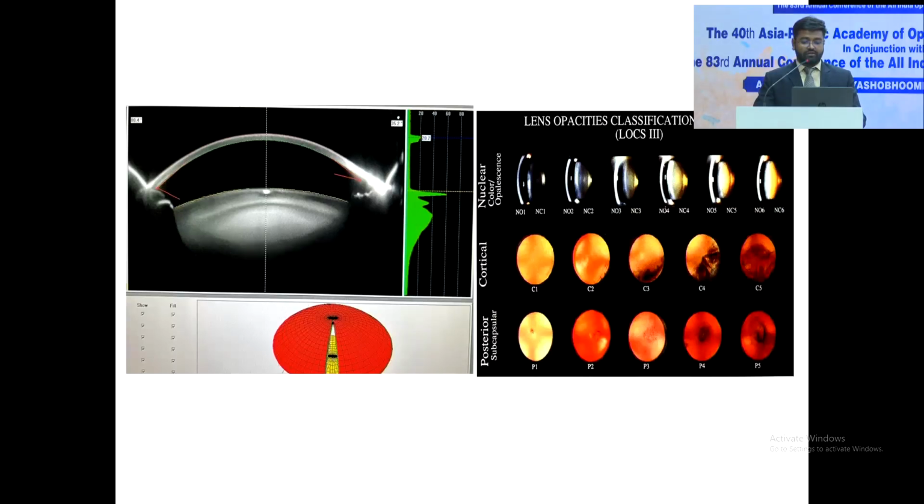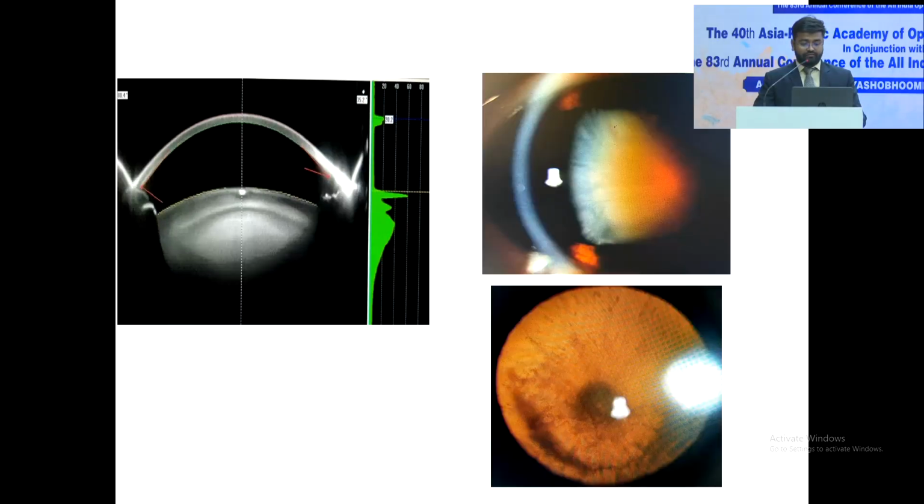In the LOCS III system, nuclear cataract is graded on the basis of nuclear color and opalescence, with 6 grades. In the Pentacam we have three-dimensional images of the whole lens, so we can grade according to the opacity of the lens into 5 stages.